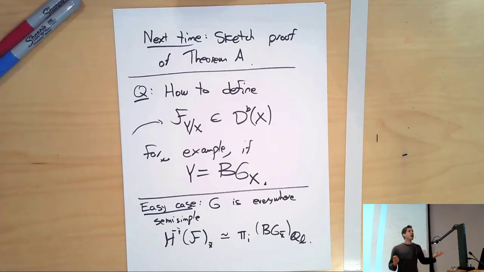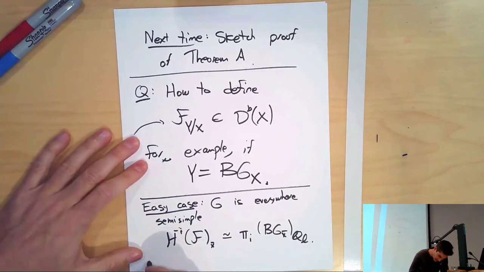So to describe an L-adic sheaf on X, what do you need to do? Well, first, you need to describe what it looks like at the generic point. And that should just be some finite dimensional QL vector space with an action of some large Galois group.